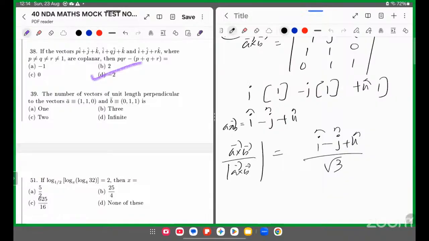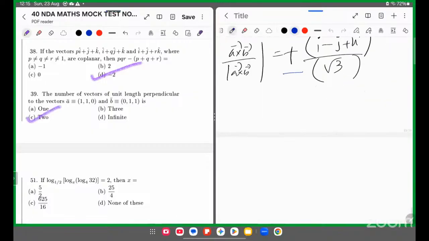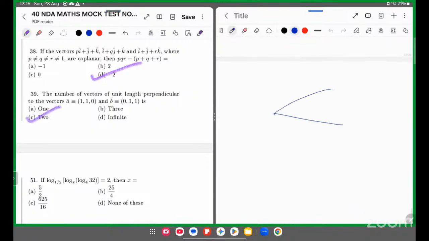So if you take the direction on the positive side also and the negative side also, you will get a unit vector in both directions. So the number of unit length vectors perpendicular to the vectors is actually 2. Option C is the correct answer. This is A, this is B. A vector can be like this also, like this also. So 2 unit vectors are possible.